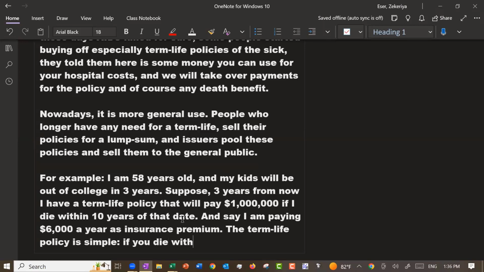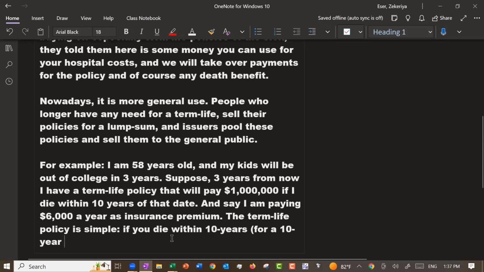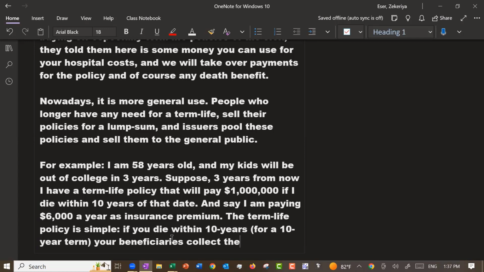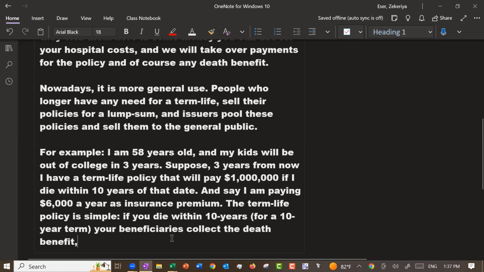You die within 10 years, assuming this is a 10-year policy, for a 10-year term, you collect the death benefit, not you, you're already dead. Your beneficiaries collect the death benefit. Otherwise, you get nothing.